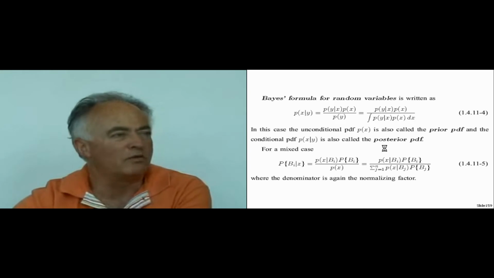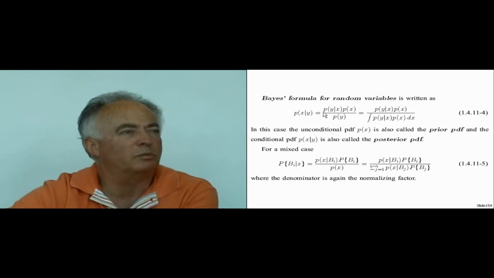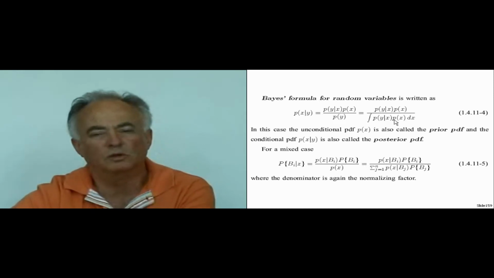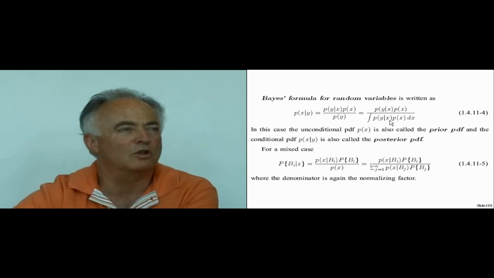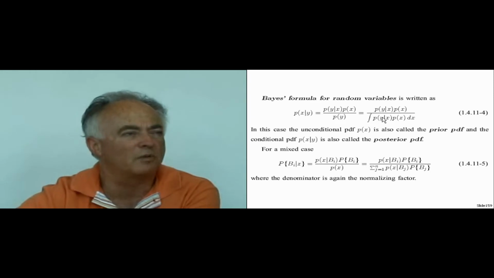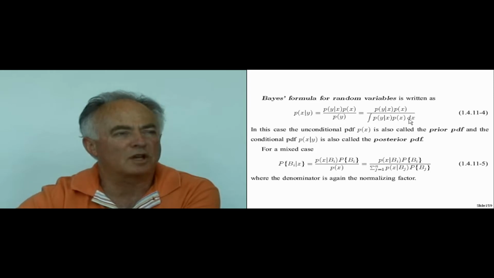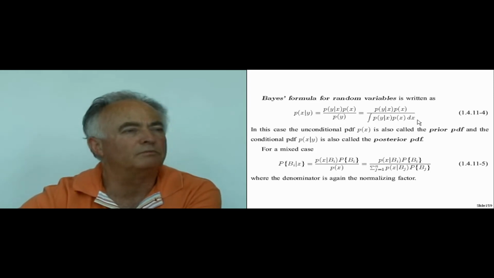Now, for random variables, we have a counterpart for Bayes formula, very similar to what we had for events. P of x given y is P of y given x times p of x over p of y. Leaving the numerator unchanged, we can use the total probability theorem, or the fact that the marginal of y is obtained from integrating the joint of x and y over all the possible values of x, to get the second expression for the denominator.